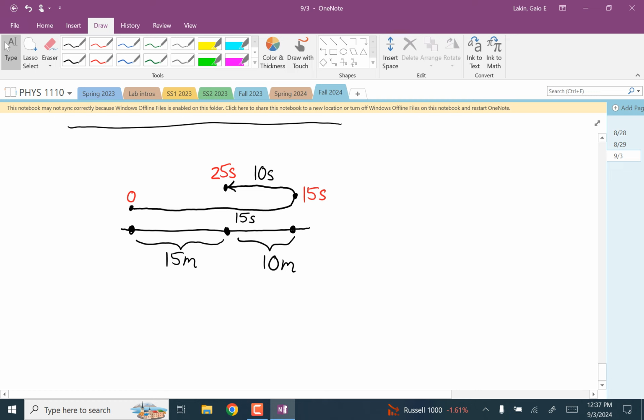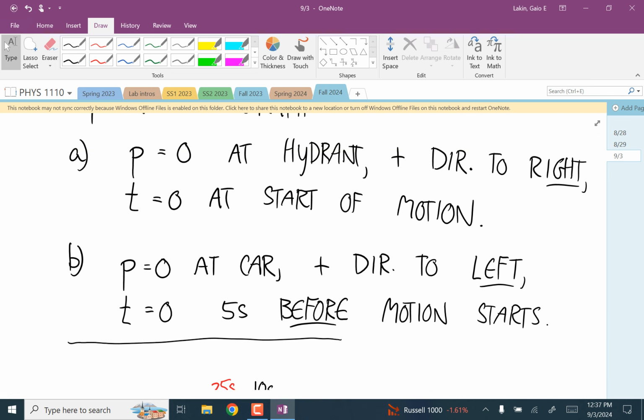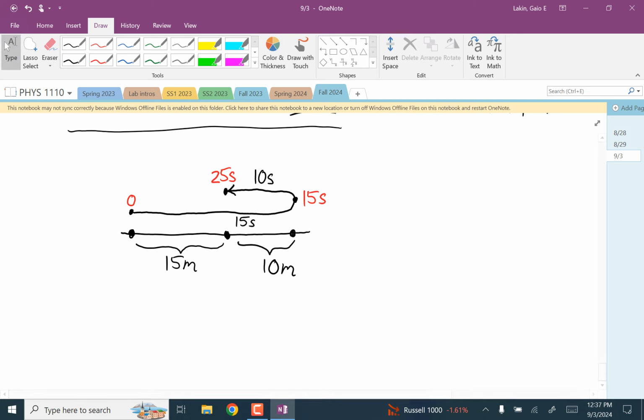Okay, so now we have to think, where are we putting the 0 position sticker? It's important to notice that that sticker doesn't have to go where the object is. So we're putting that position equals 0 sticker on the fire hydrant. I'm going to mark the fire hydrant, and whenever the person gets there, they're at 0 position.